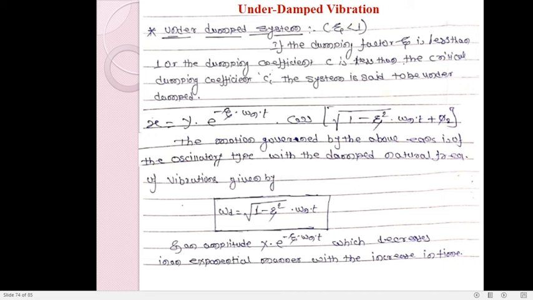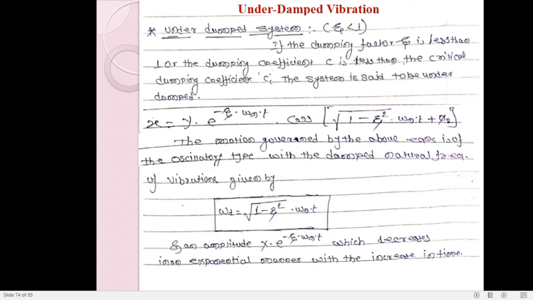Okay, so with that terminology, if we compare our equation with x equals capital X into sin omega t or cos omega t, that capital X is nothing but the amplitude of vibration and omega is nothing but the frequency of the vibration.